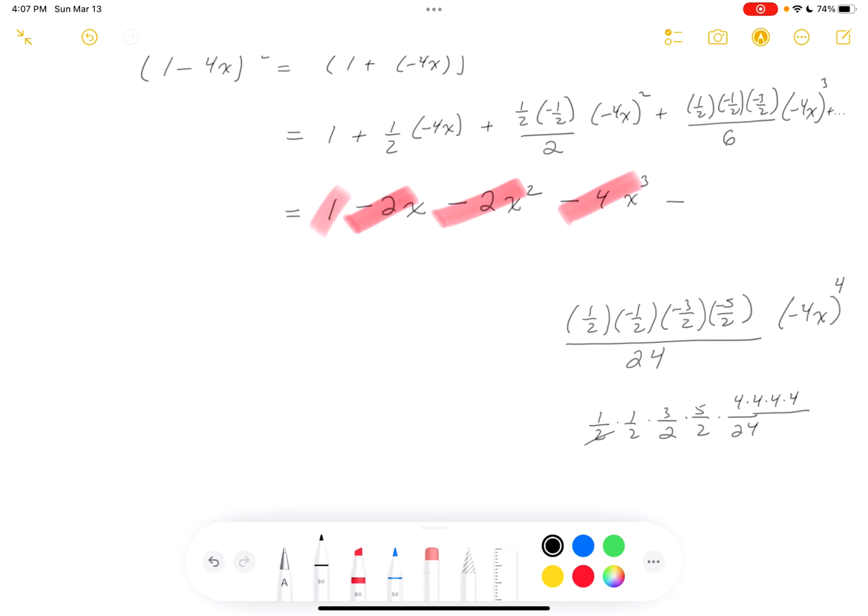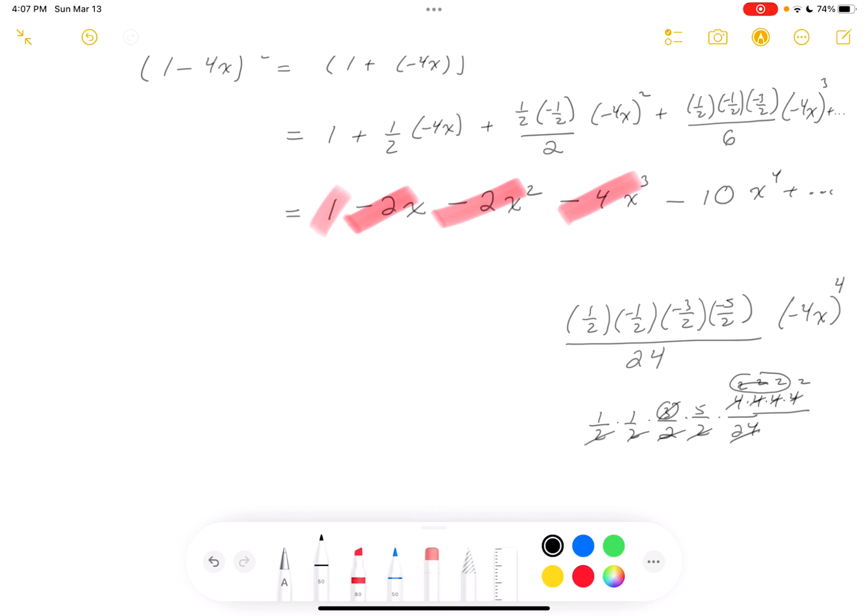Okay? 2, 2, 2, 2. 3 2s is an 8. 8 times 3 is 24. We left off with 10. And then what's the power? x to the 4th.